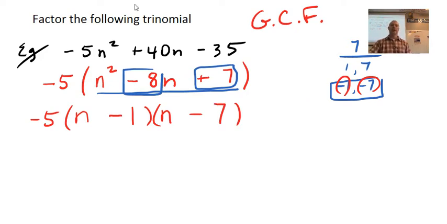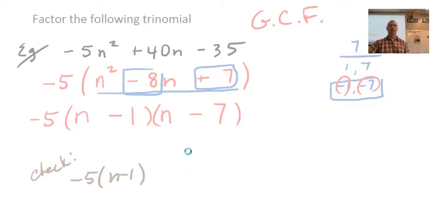We'll do a quick check just before we circle that. Now the check is going to look like this. We're going to multiply this out by expanding. And for some reason my program just decided to flake out.